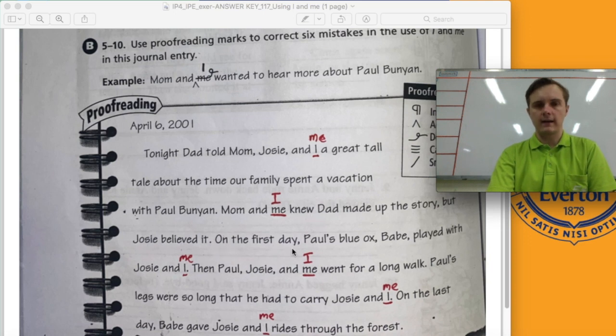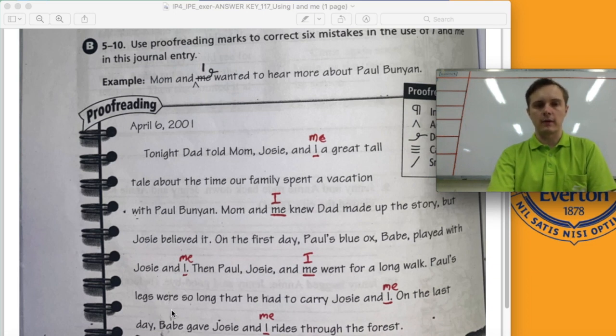On the first day, Paul's blue ox, Babe, played with Josie and me. Again, we use the object pronoun me after the action verb played. Then, Paul, Josie and I went for a long walk. We use I before the action verb went.